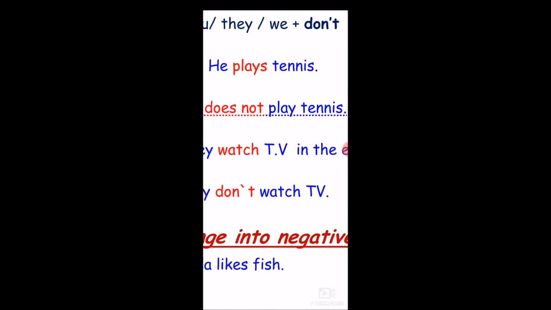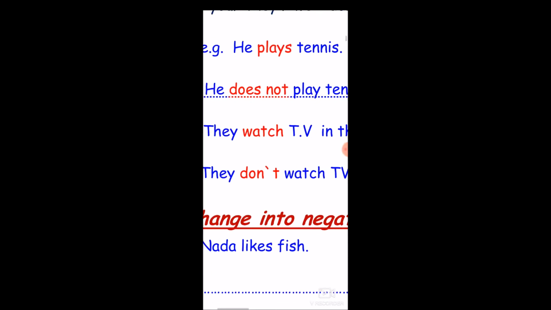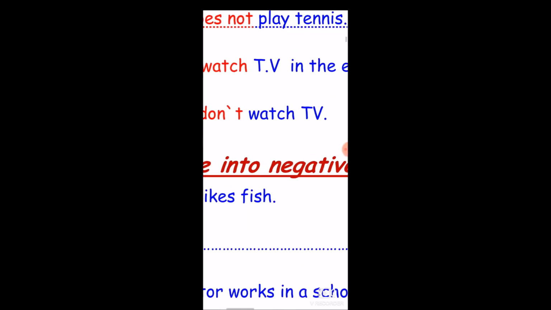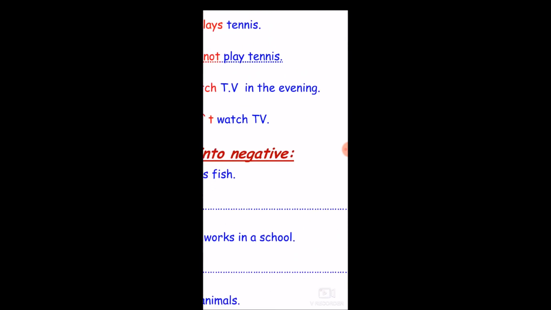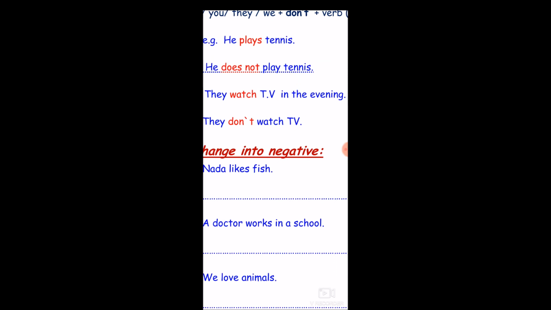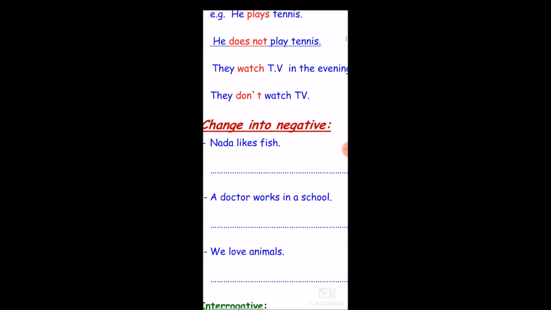It was plays and now we change it into play because we put doesn't before it. Another example. They watch TV in the evening. The verb is watch. It's a base form, so we should use don't before it. They don't watch TV in the evening.